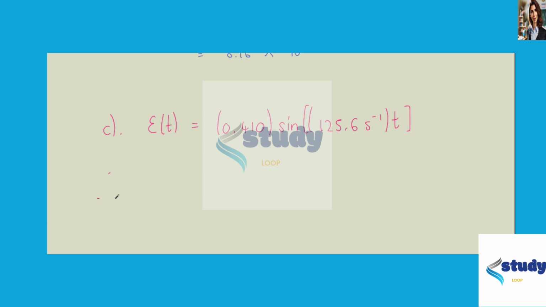So therefore, we can calculate this EMF at time 0.018 seconds. And this is equal to 0.41 multiplied by sine of 125.6 times the time of 0.018 seconds.